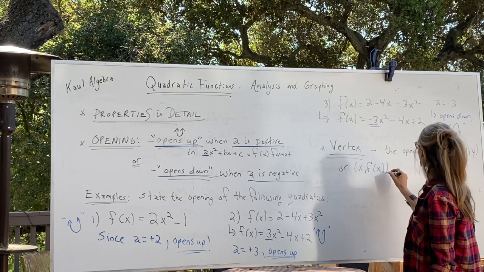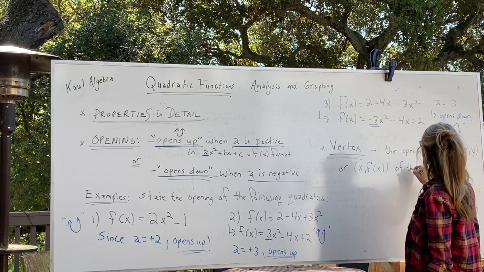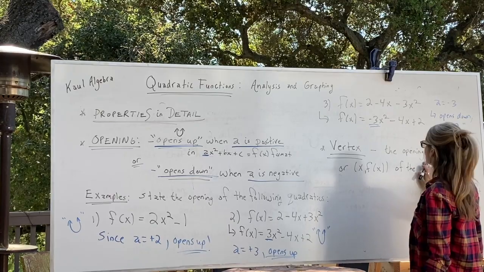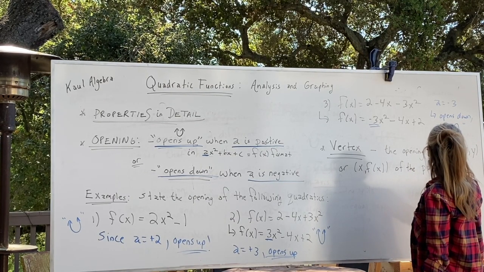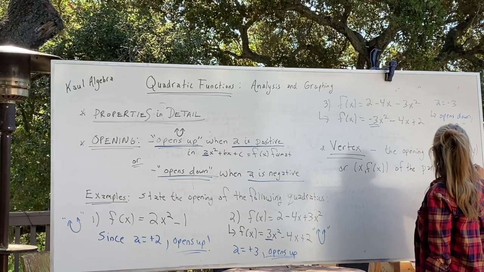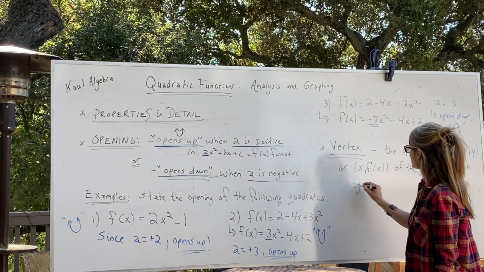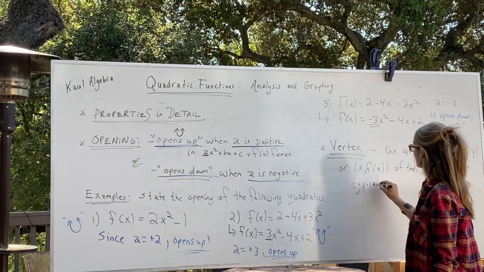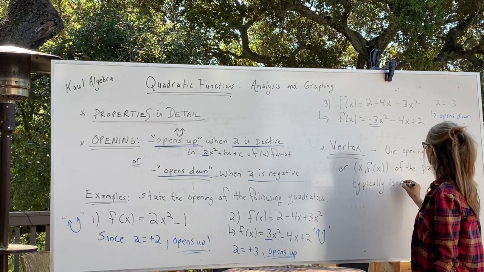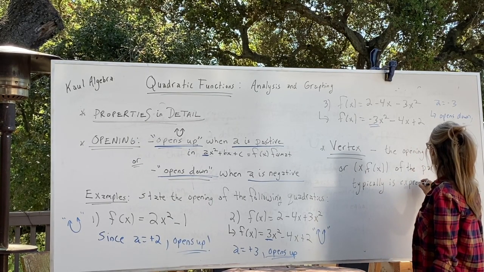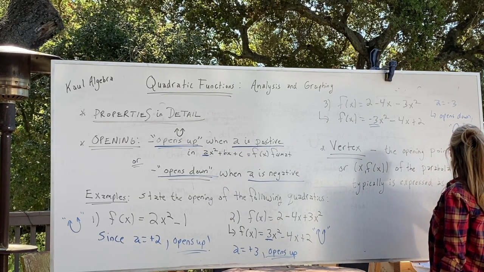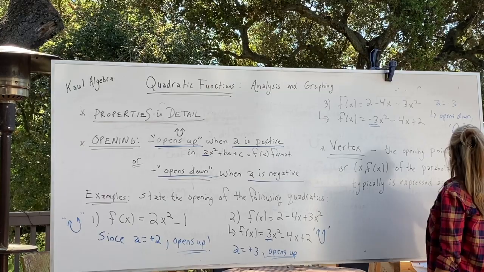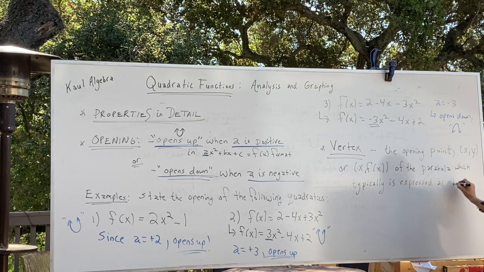So the opening point of the parabola is typically expressed as h comma k, as indicated earlier.